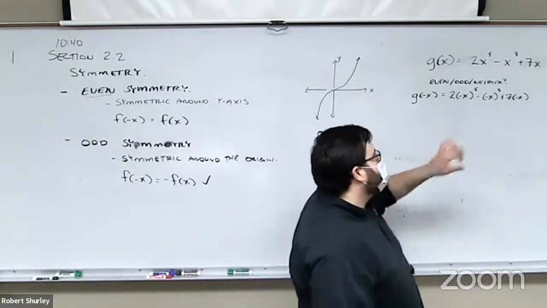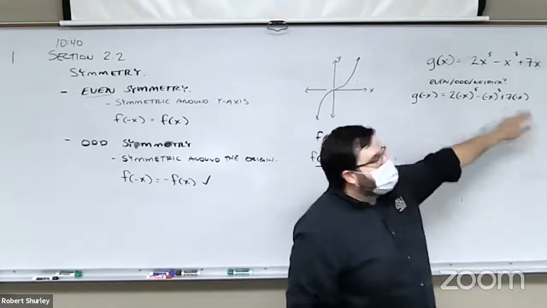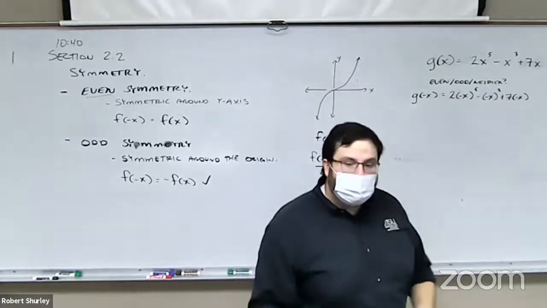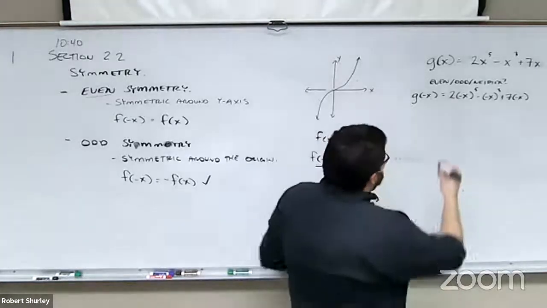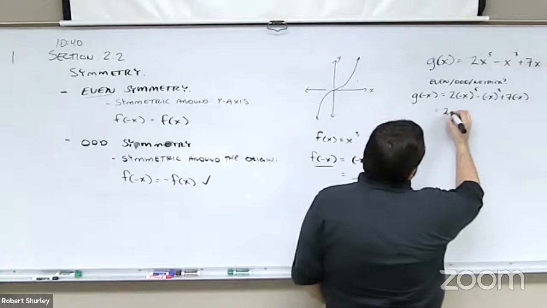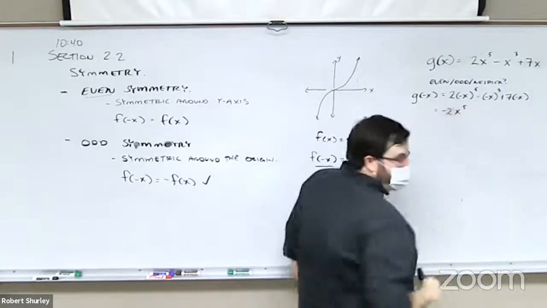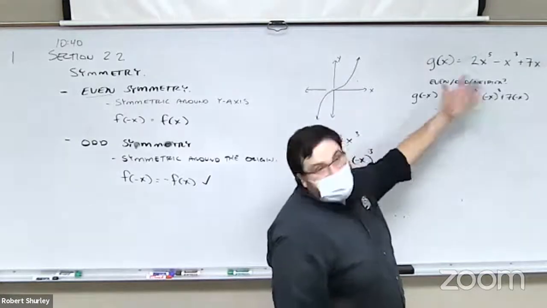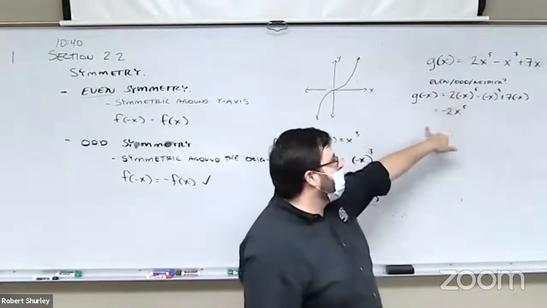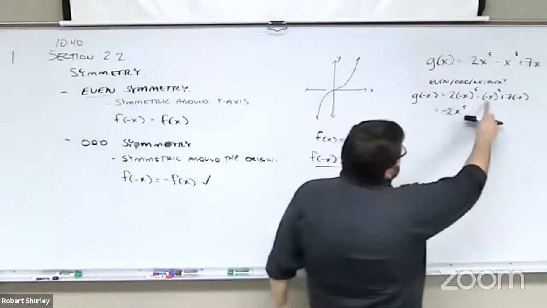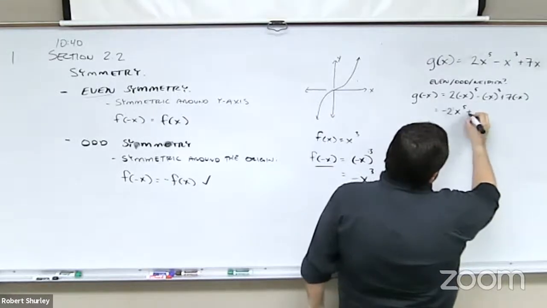And again, all of these are going to keep their sign, they're all going to stay negative. So we wind up with negative 2x to the fifth, because negative x to the fifth would be negative, and then you've got a 2 outside, so it becomes negative 2x to the fifth. This negative and that negative make a positive, right?